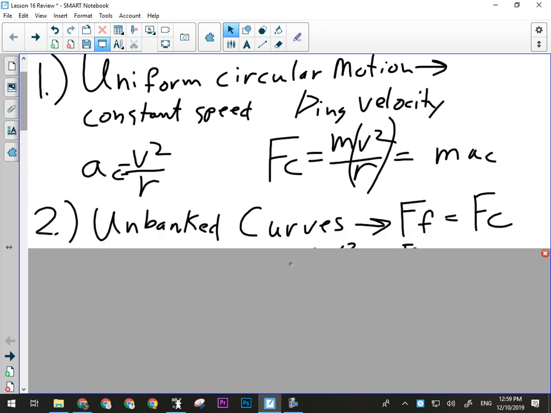All right, then we talked about our kind of first example of uniform circular motion, and that was an unbanked curve. Okay, what holds you in an unbanked curve is the force of friction. Right, so anytime you have something negotiating an unbanked corner, okay, FF equals FC, because friction provides the centripetal force that keeps you from sliding out of the corner.